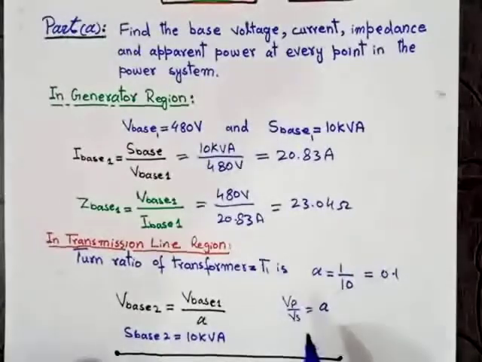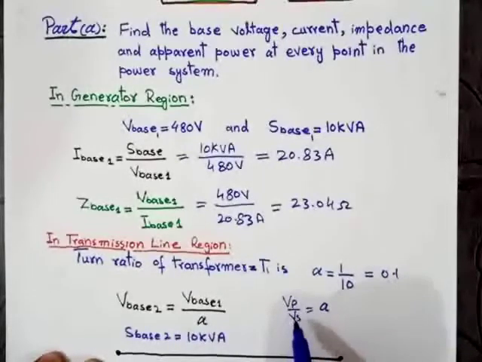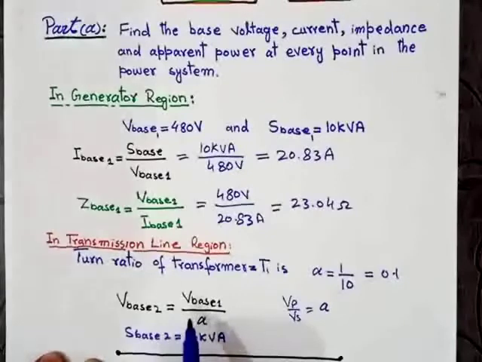As we know, Vp over Vs is equal to A. Turn ratio is basically equal to Vp over Vs. So in transformer T1, Vp is basically V base 1 and Vs is V base 2. So Vs will be equal to Vp over A. Vp is basically V base 1. So V base 2 will be equal to V base 1 over A.